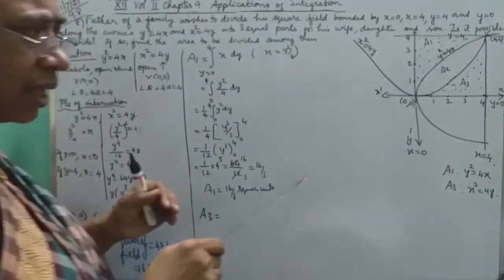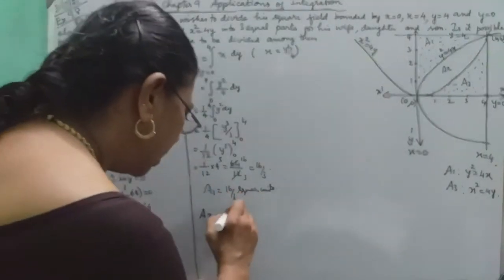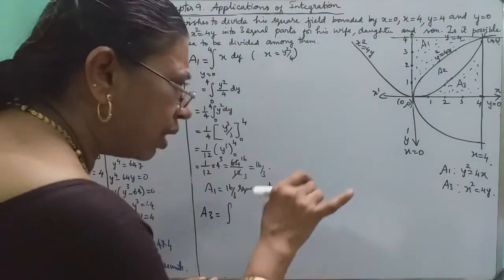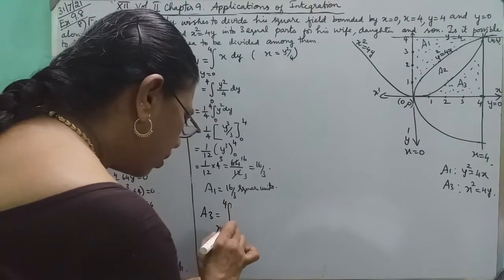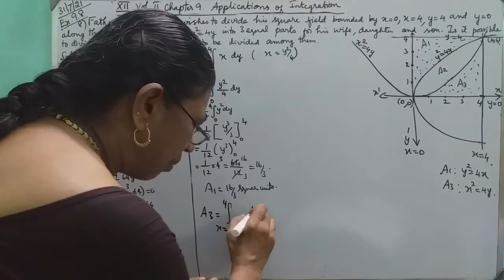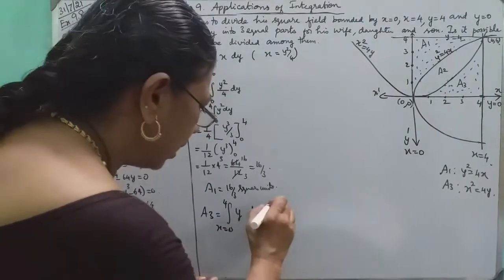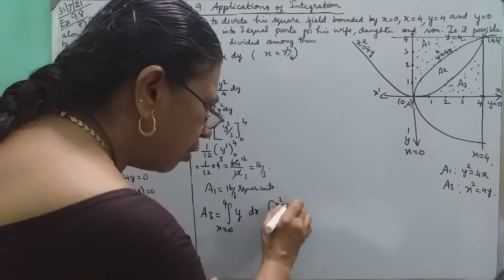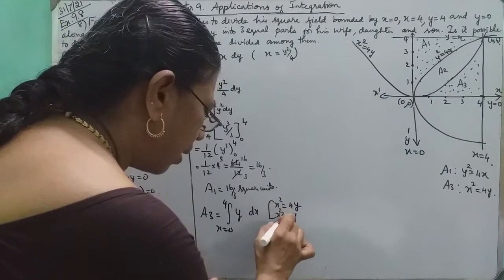What parabola is that? x square equal to 4y. So which formula? It is in between two perpendiculars and the limits are x is equal to 0 to 4. So inside you will have the dx formula. dx means this will be y. Which one do we have to select? It is x square is equal to 4y. I require y, so it is nothing but x square by 4.